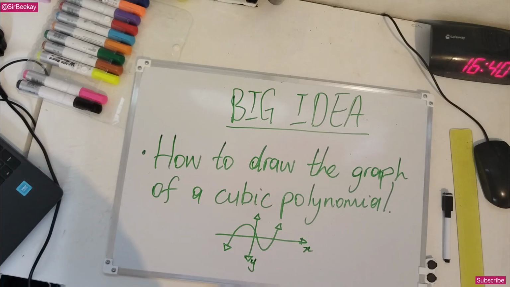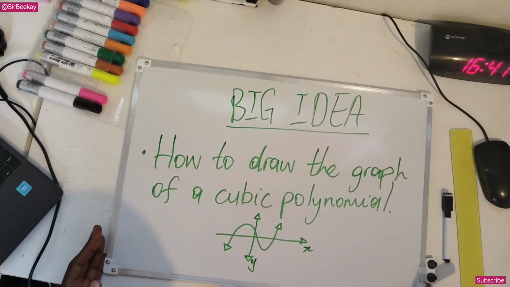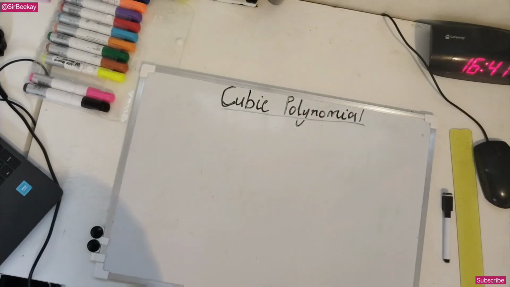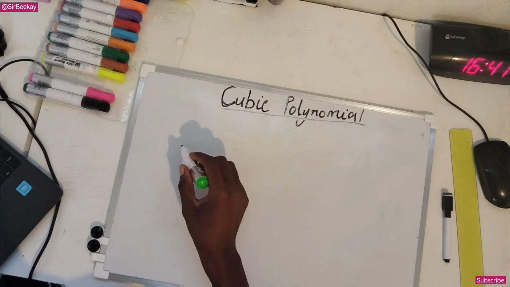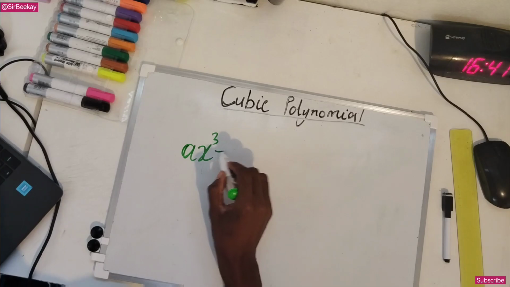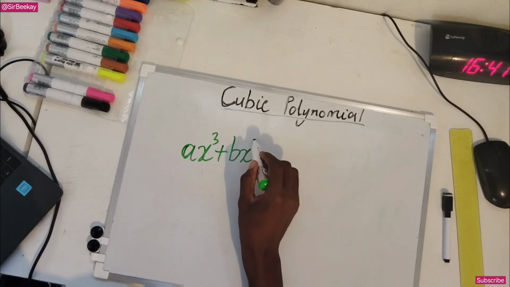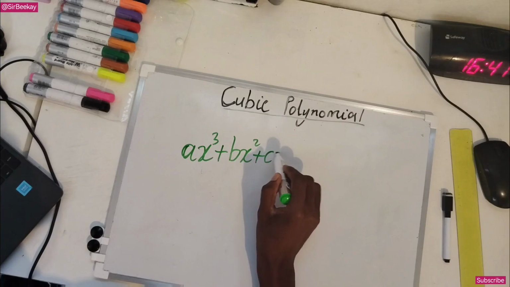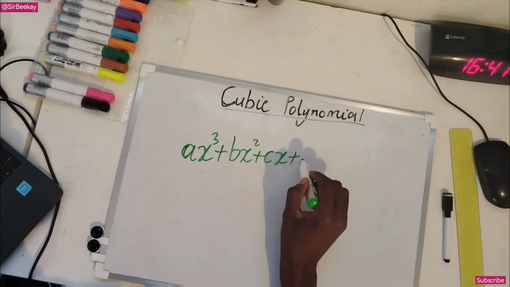We have a new lesson today, and our main idea of the lesson is how to draw the graph of a cubic polynomial or a cubic function. We know a cubic polynomial can be written in this fashion.